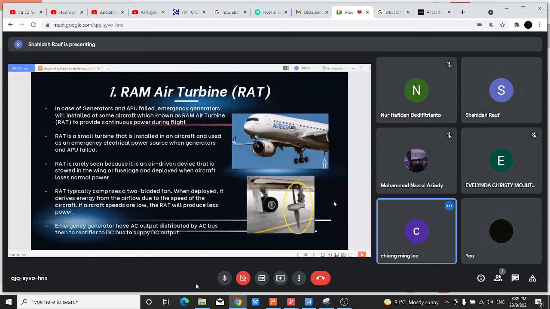One more thing. For the APU just now, since it is a small jet engine turbine, is it just producing electricity? It does not produce any thrust force?